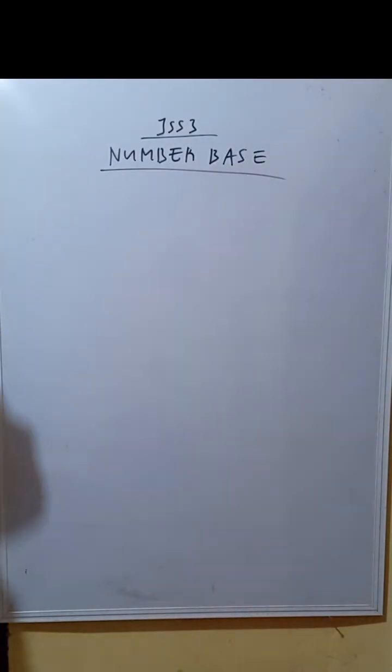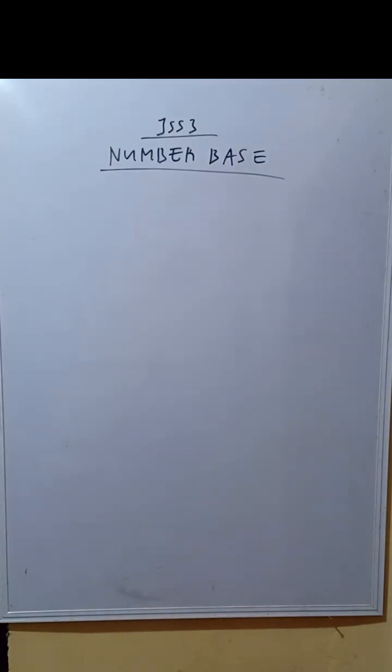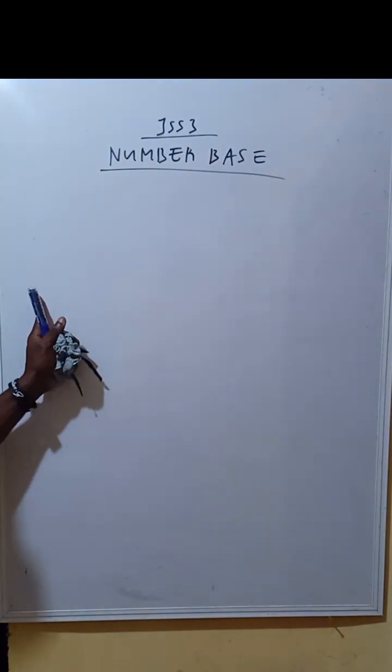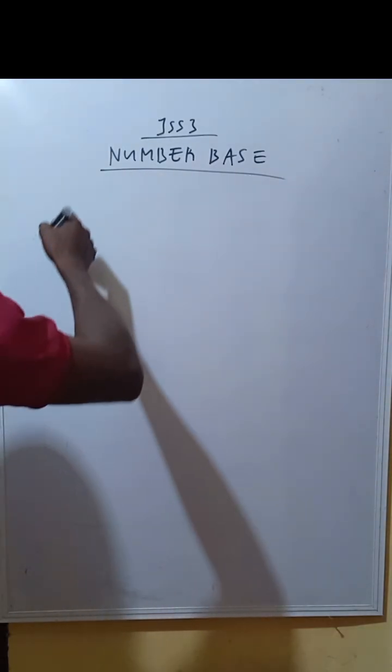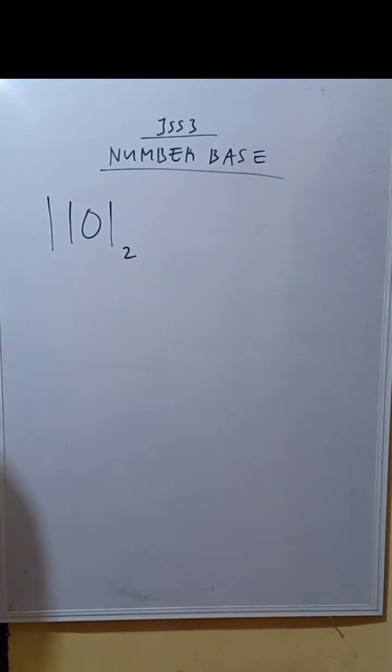Before doing that, we must learn how to express numbers in base 10 or express numbers in base 2. Now, if you have this number in base 2, 1, 1, 0, 1, we're not going to call it 1,101 in base 2.